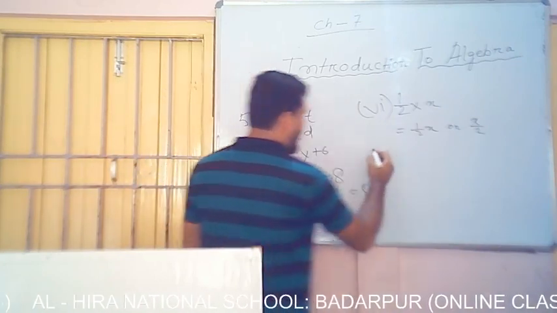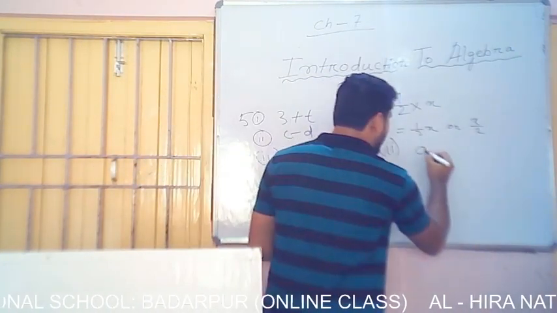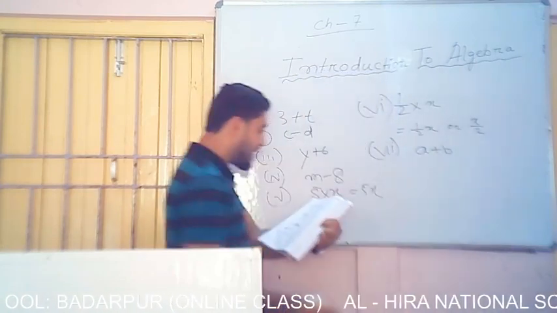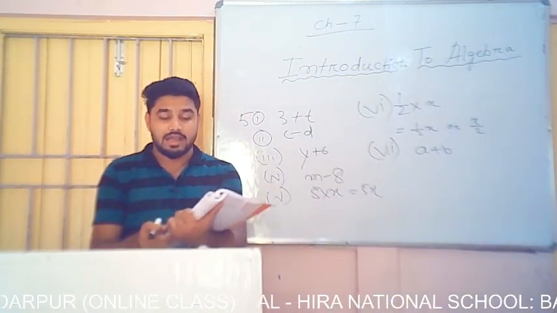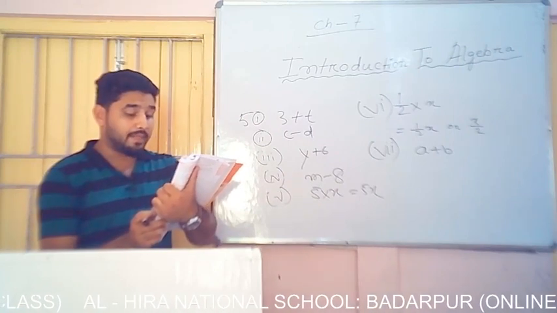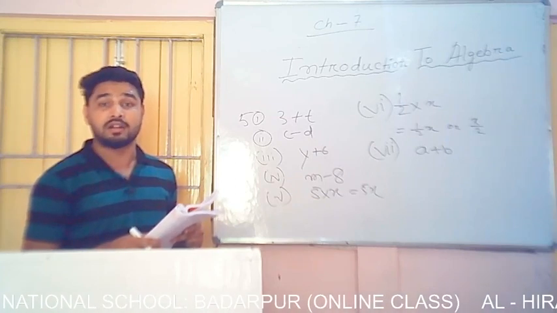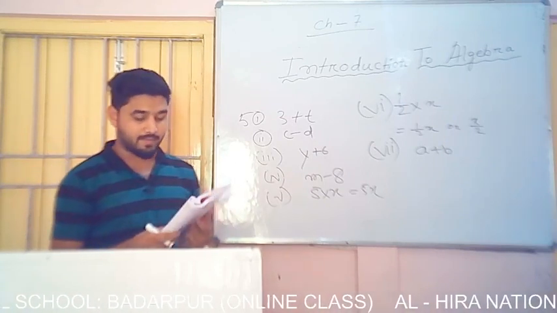That is your answer. A plus b is the answer. Now come to question number 8. The product of 3 and q. If you get the word product, then also we should use multiplication.